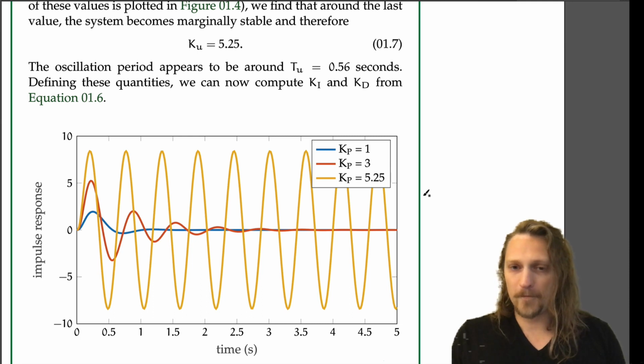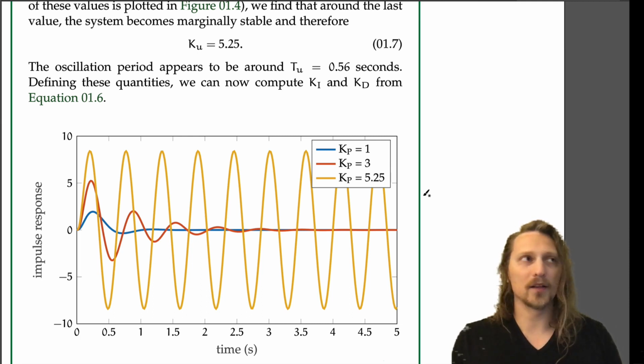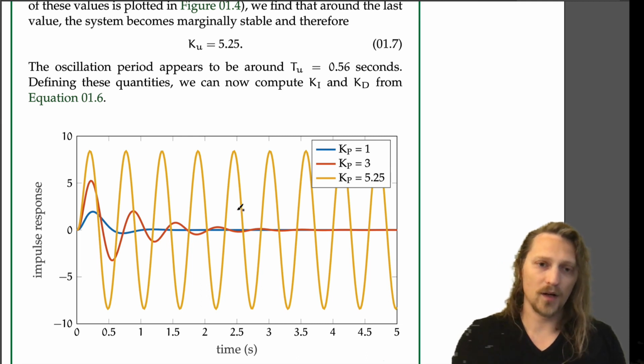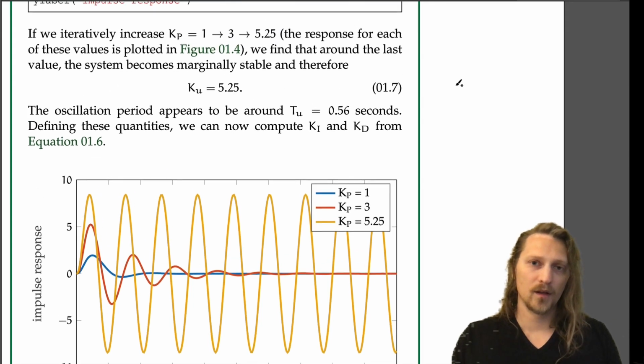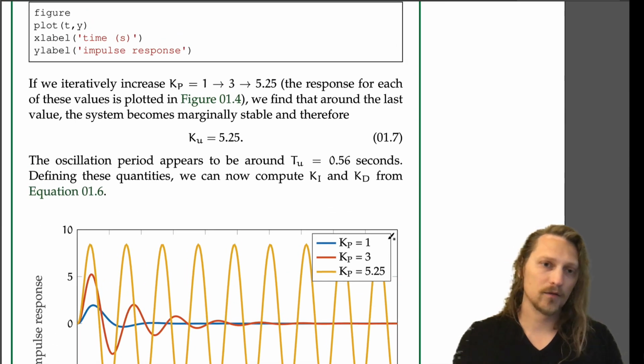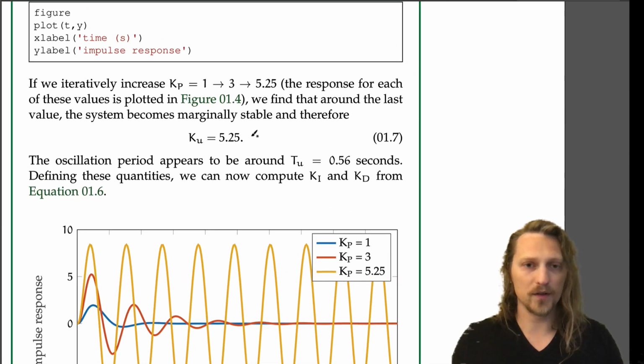So there is a crossover there. When I increased it beyond that, I started to get simulations where the amplitude would grow and it became unstable. So let's take as our ultimate gain then 5.25.